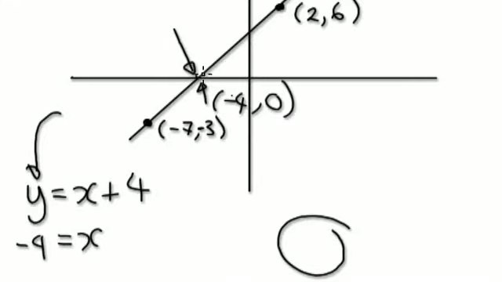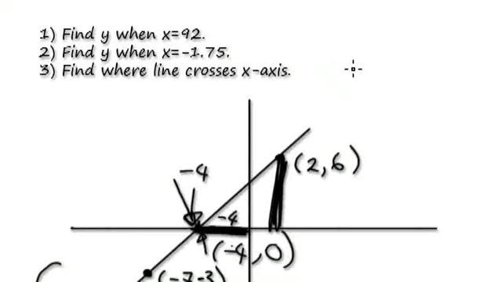The up and down at this point is 0, and the acrossness, if that makes sense, would be minus 4. So to answer this question, it would be minus 4.